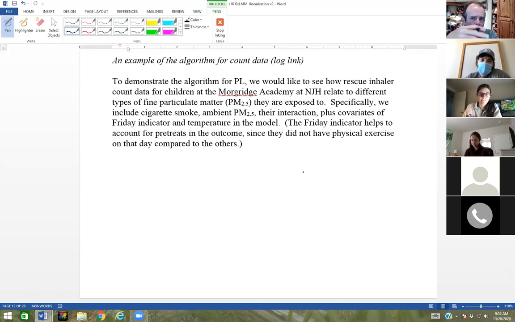Now, how well does it work for a certain type of data? That's the question. It may work better for some types of data than others. For example, like I mentioned before, if you have a very small data set and maybe a 0-heavy or 1-heavy binary outcome, maybe it won't work as well.